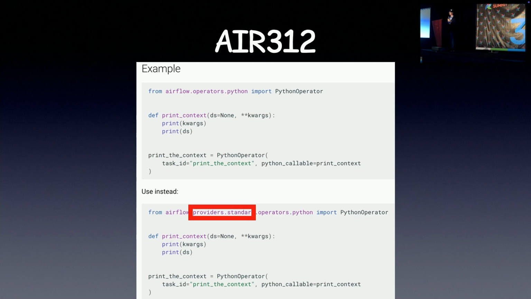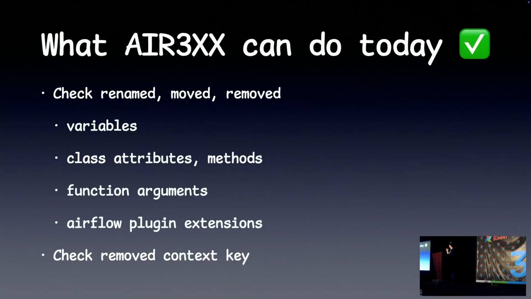So let's take a look at what the Airflow 3 rules can do today. We can check all the renamed, moved, removed variables, just as I demonstrated previously. But there are some cases related to class attributes and class methods as well. This can be checked.